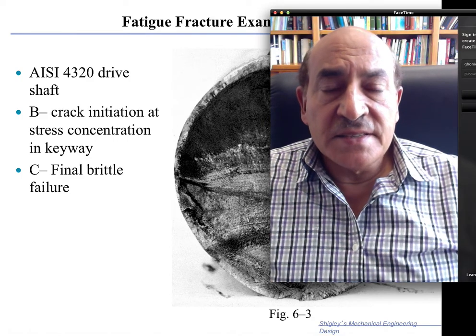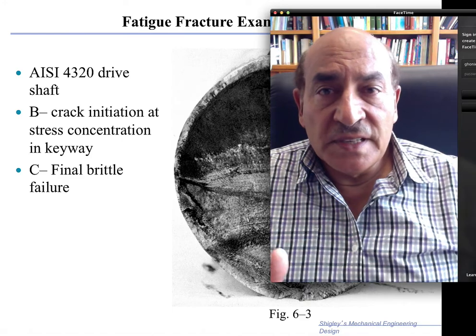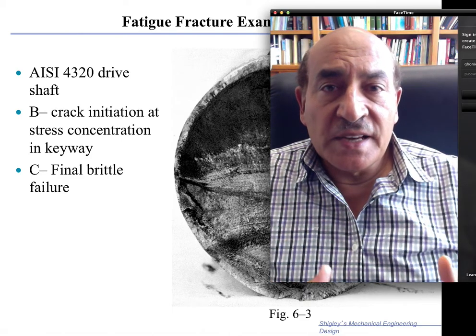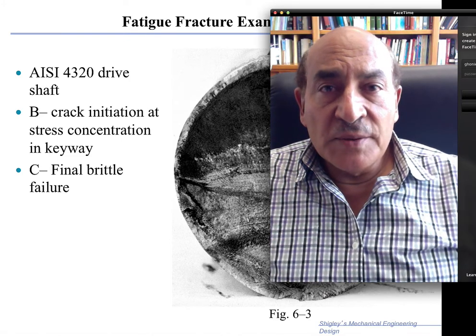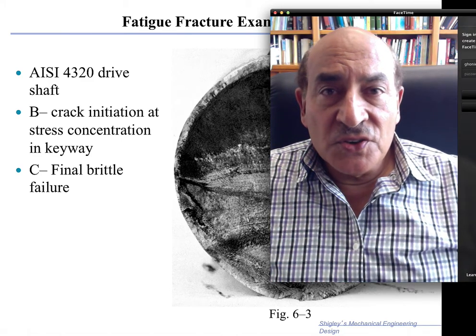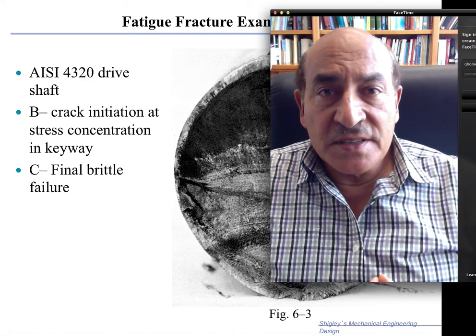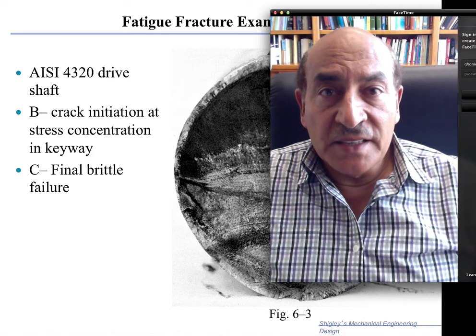So it's like a CSI of failure of components. Let's say you have a problem or a catastrophic failure of a particular accident, and you want to piece it together and find out what is the culprit and what caused it. So these qualitative observations are useful in our understanding of general failure.